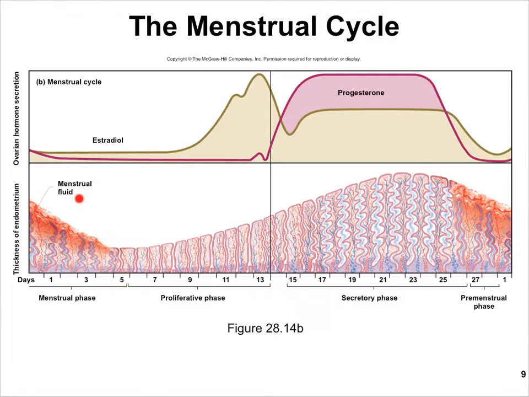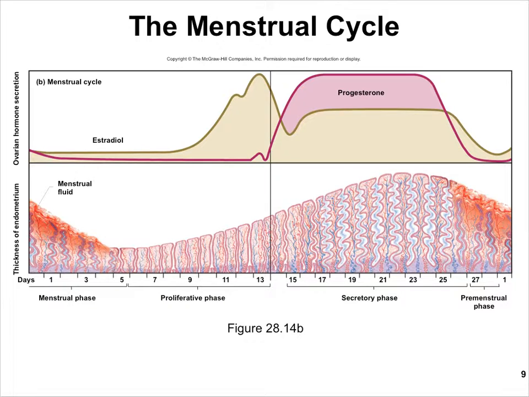During the menstrual phase, the lining of the endometrium is sloughing off. It is no longer being maintained by progesterone from the corpus luteum, and so it begins to die and degrade, and this is what causes menstrual bleeding.